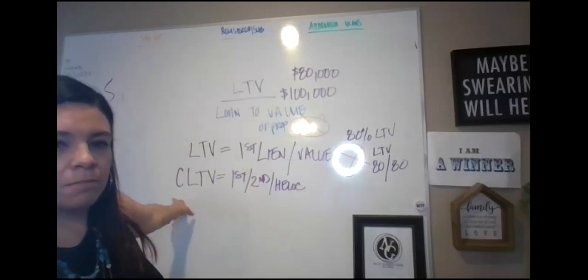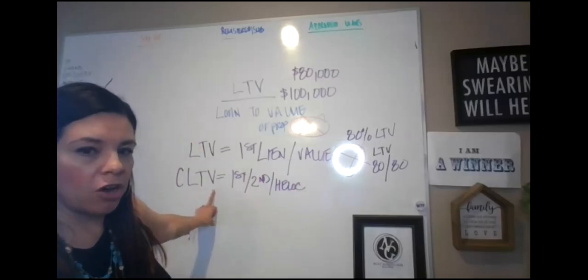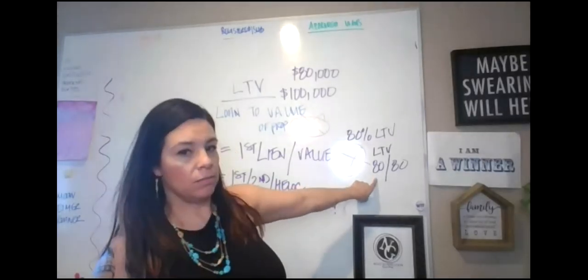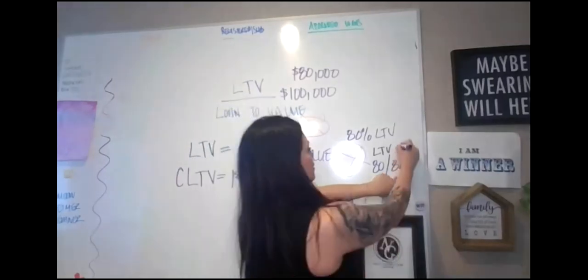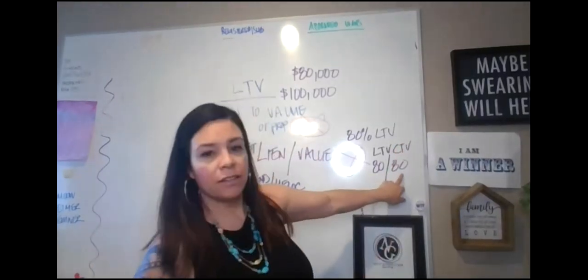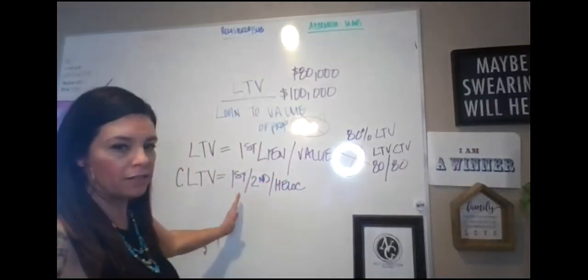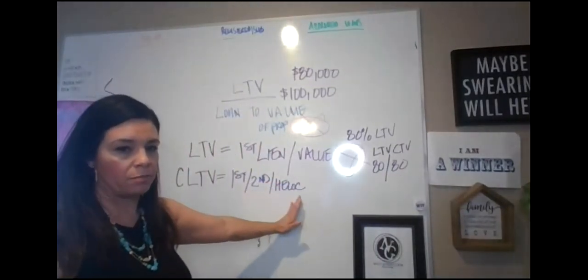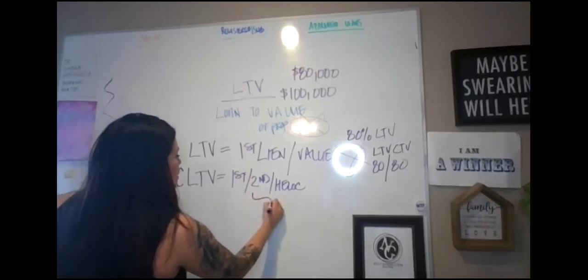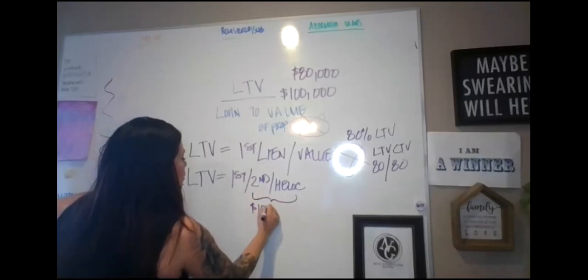CLTV is combined loan to value. So you're still going to have your first lien here, and then you're going to have CLTV here. The combined loan to value is going to take into consideration anything beyond the first mortgage. So let's say we have another 10,000 here. Could you repeat that, please? Because your sound cut out.